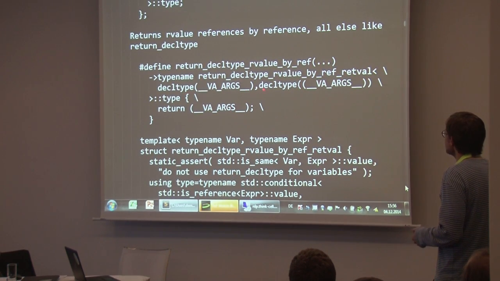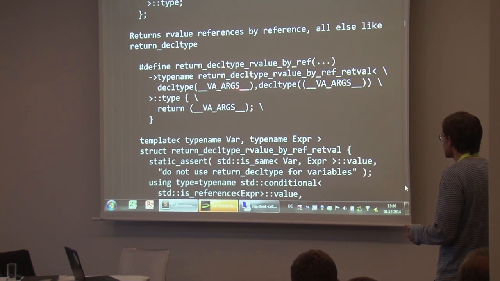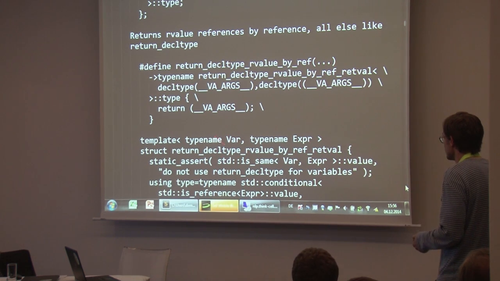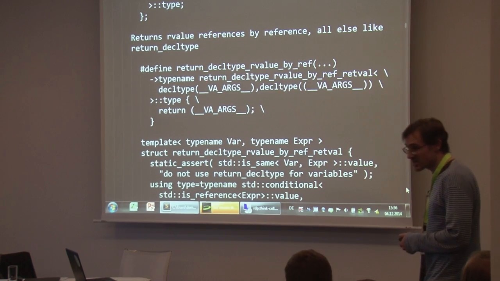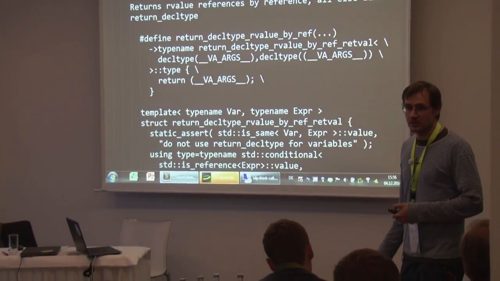The other reason is that this decltype often gives a different value than this decltype, or a different type than this decltype. Okay? This is the expression decltype I put in here into the expression. This is the variable decltype that I put into variable. Okay? And if VARGS happens to be an expression, some function call, they're going to be the same.